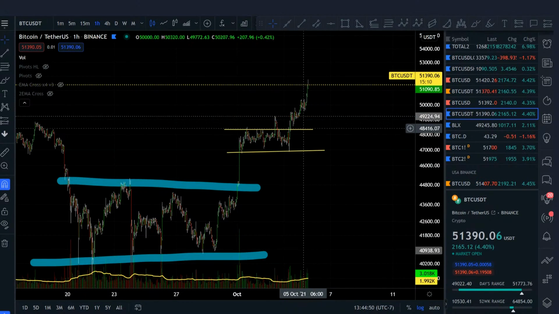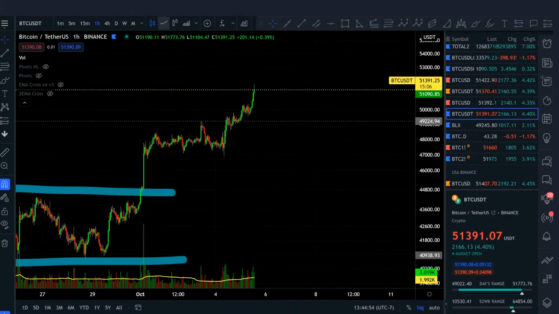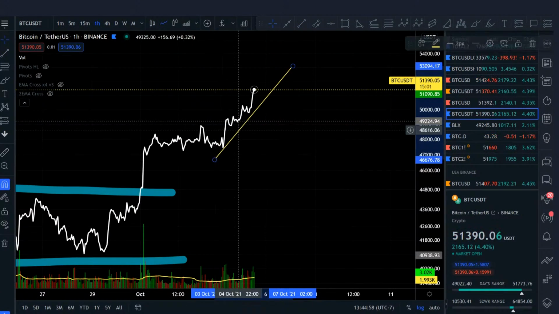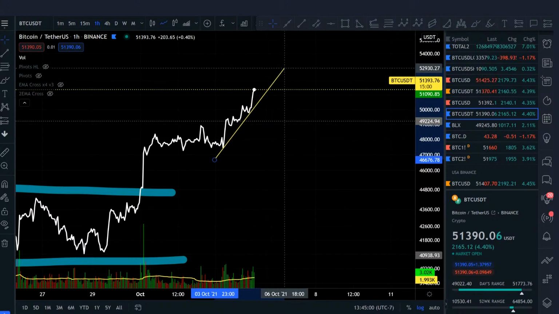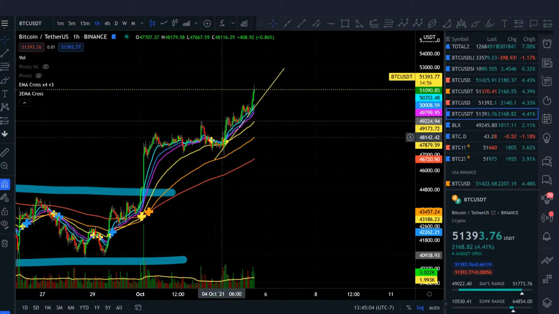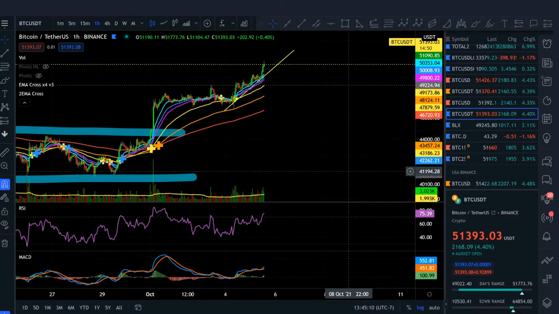So even if you don't want to draw those lines, now it's trending by definition. So we just draw the trend line. We are trending on Bitcoin. You can also put up some EMAs, right? We're just riding the EMAs. So any EMA support could be an interesting entry spot with a larger stop loss.